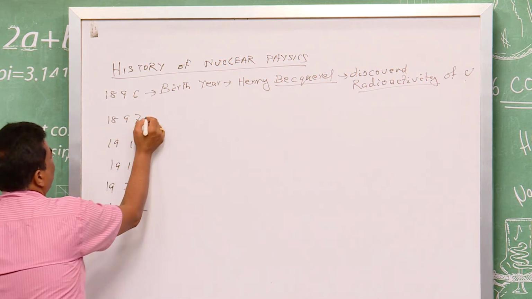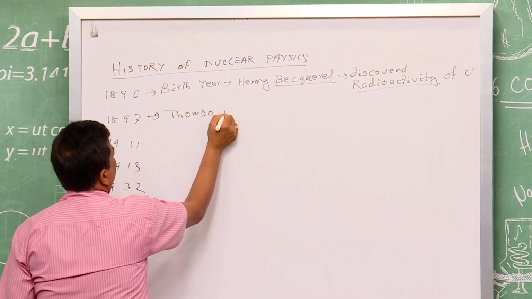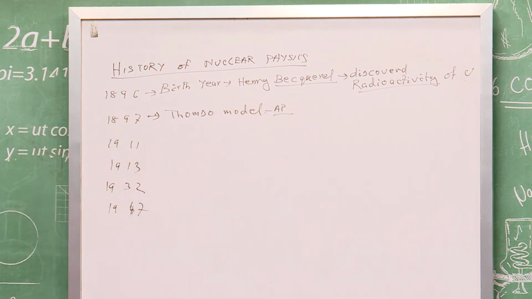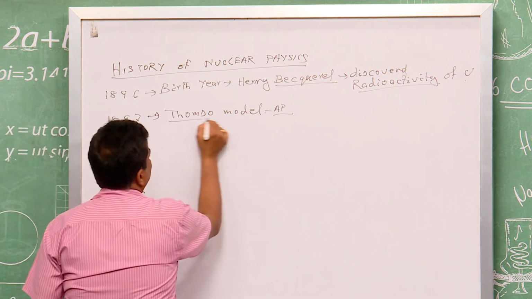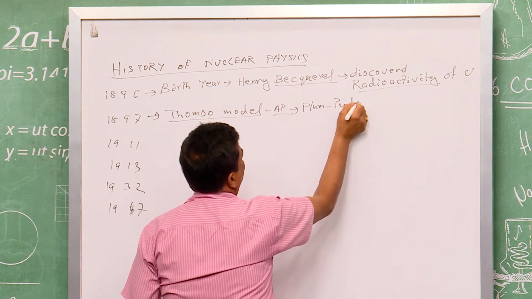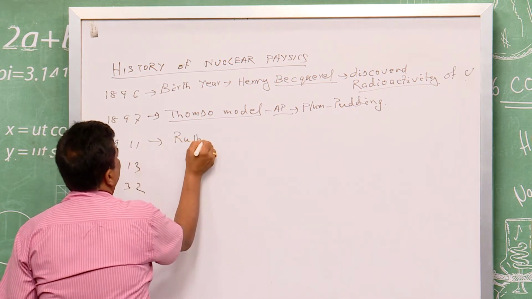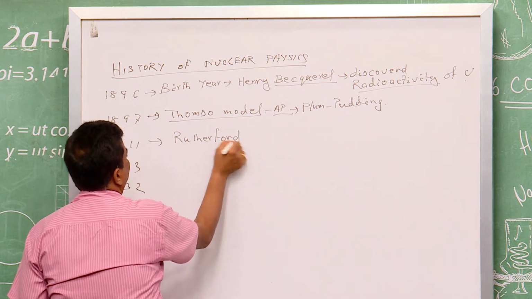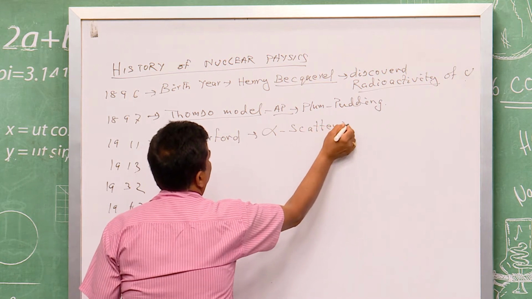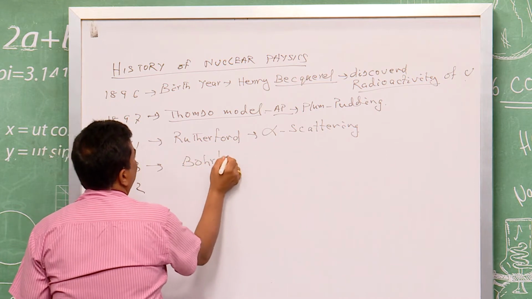In 1897, Thomson's model, as developed in atomic physics, not Andhra Pradesh, that is AP, but atomic physics, the Thomson's model, that is the plum pudding model. In 1911 by Rutherford, the alpha scattering. In 1913, Bohr's model.